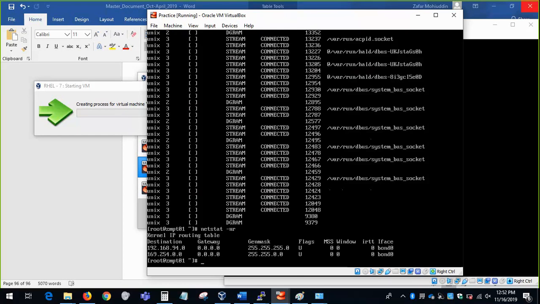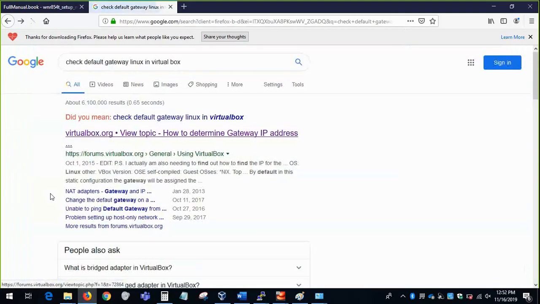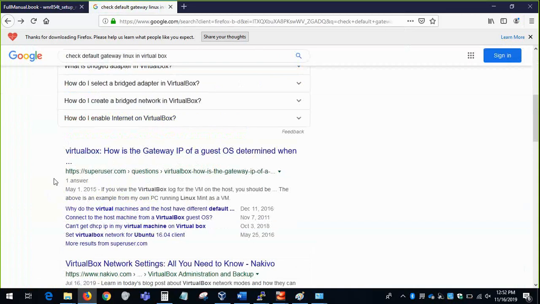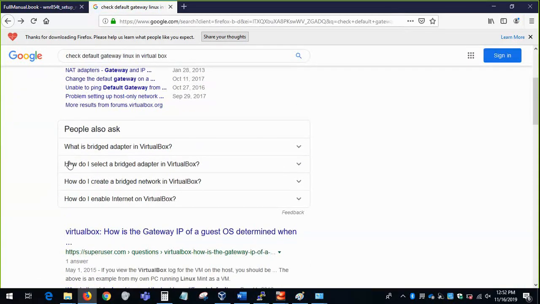I'm not sure why it's not showing here, but believe me, that's the command you would use. It's not internal related, this is a VirtualBox issue. What is a bridge here?